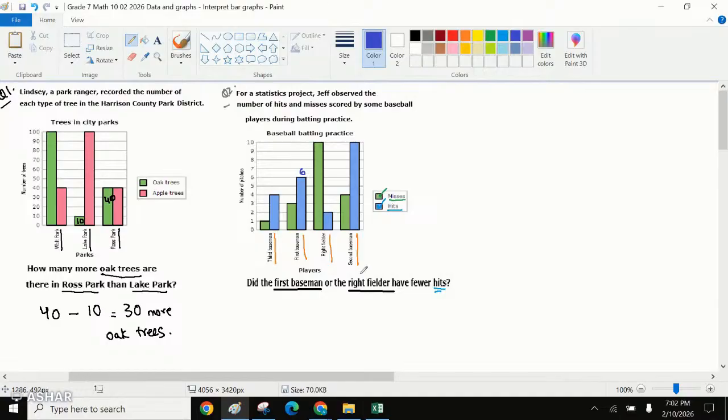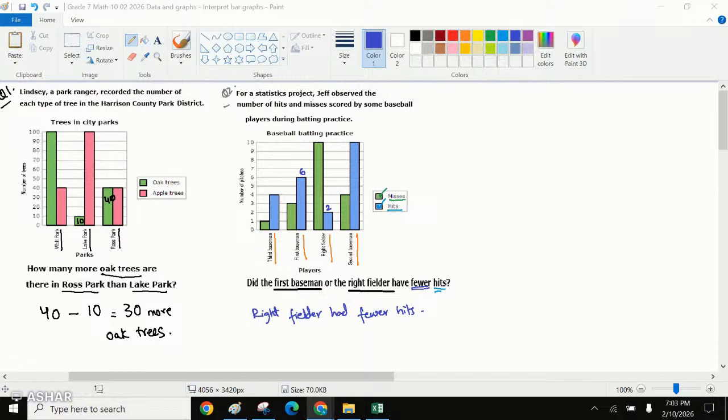Right fielder had how many hits? 2 hits, right? The question is asking fewer hits. So we can say the right fielder had fewer hits compared to the first baseman, because they only had 2 hits.